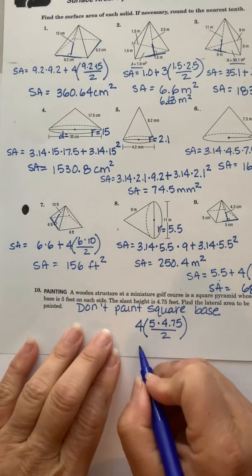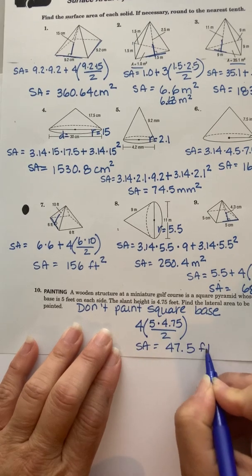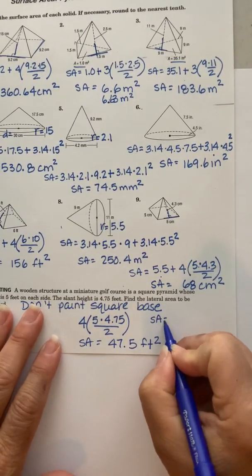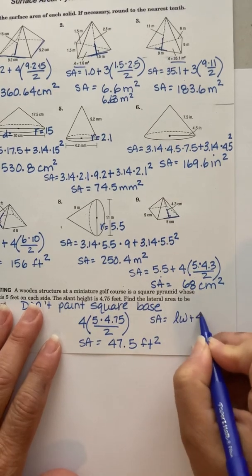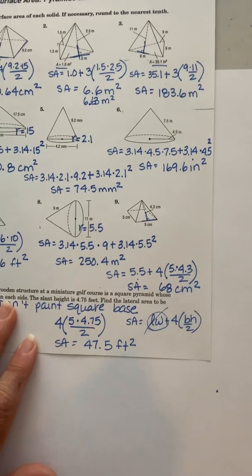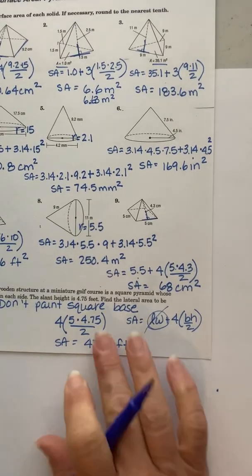And that comes out to 47.5 feet squared. So if I was looking at the actual formula, you have length and width, and then you have 4 triangles. What's not happening is you're not using that. You're only using this part, okay?